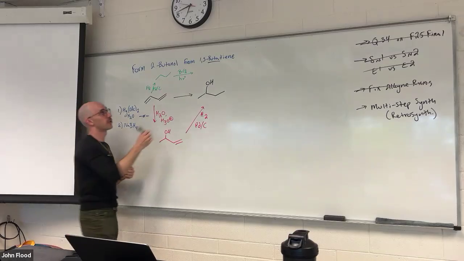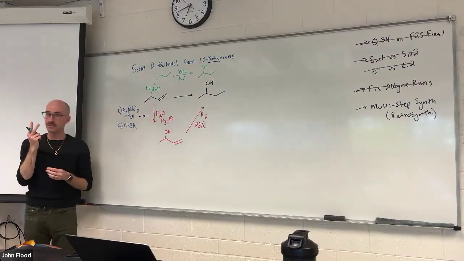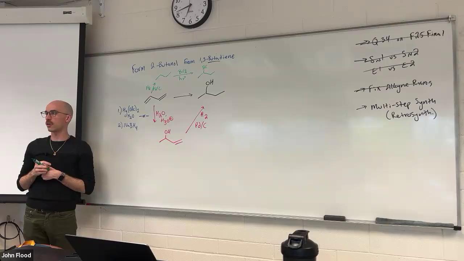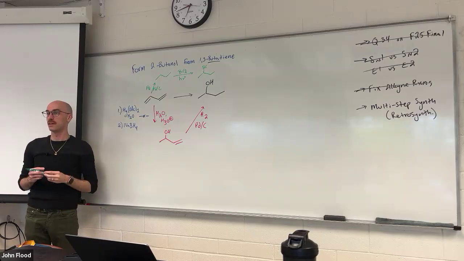So I could put my halogen on that second carbon. It would go there preferentially, but that's not an alcohol. So how can I take an alkyl halide to an alcohol? NaOH, low temp, or H2O and low temp.